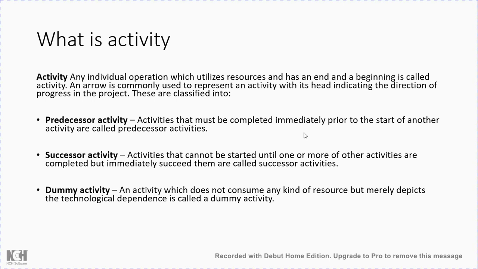Activities can be categorized into three categories: predecessor activity, successor activity, and dummy activity. For example, you want to cook a dish. Cutting a vegetable is a predecessor activity before putting those vegetables into the utensil for being cooked.